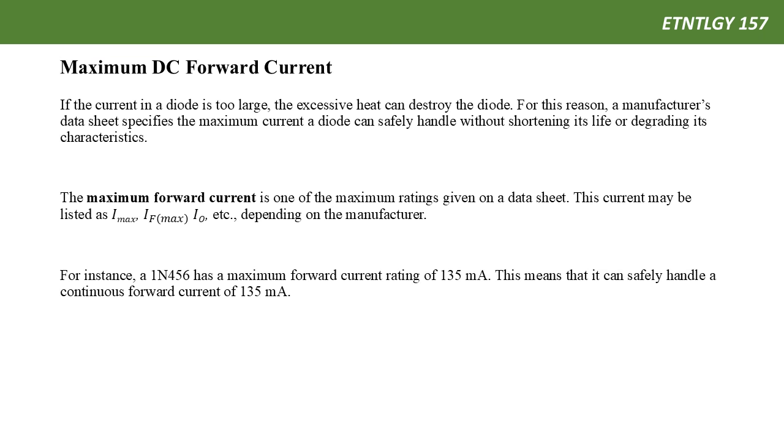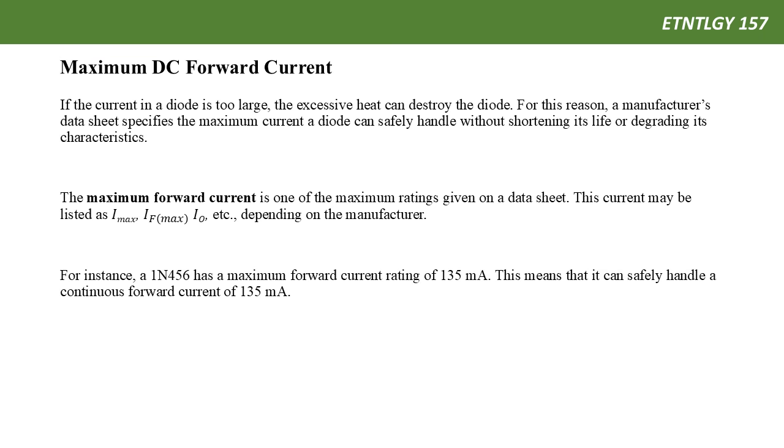If the current in a diode is too large, the excessive heat can destroy the diode. For this reason, a manufacturer's datasheet specifies the maximum current a diode can safely handle without shortening its life or degrading its characteristics. The maximum forward current is one of the maximum ratings given on the datasheet.